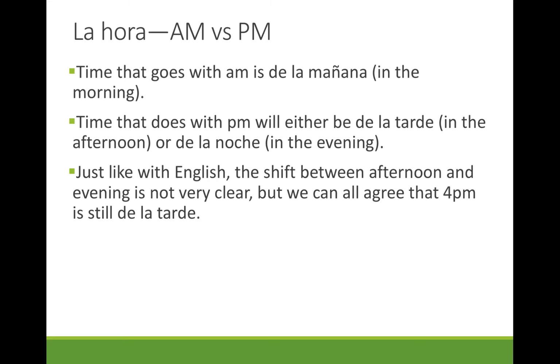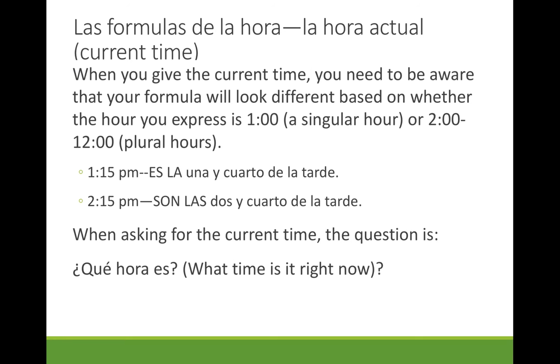But we all know that 4 o'clock is not night. At least I've never come across a place that's considered 4 o'clock night. So just know that it's somewhere magical, but we all know that 10 o'clock is not in the afternoon. It's definitely night. So it is a little bit vague, but use it more or less like you would with English. So we're going to start with la hora actual.